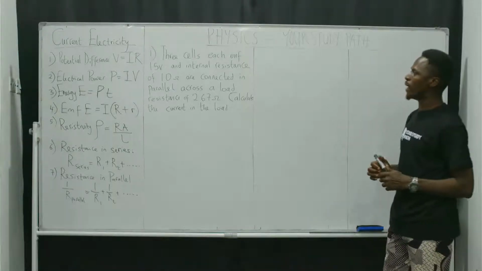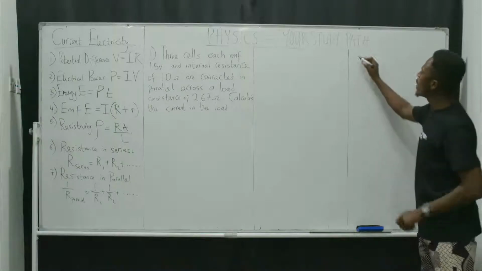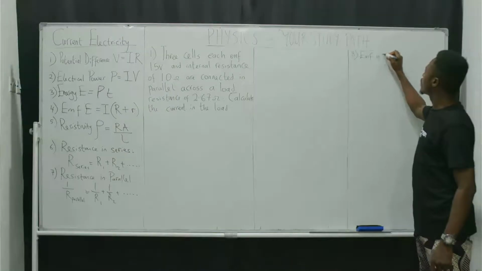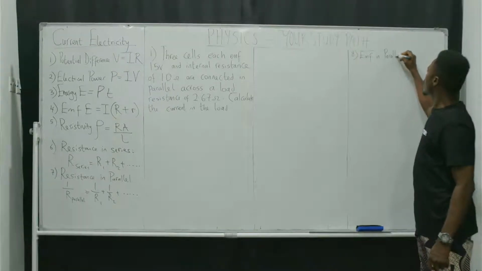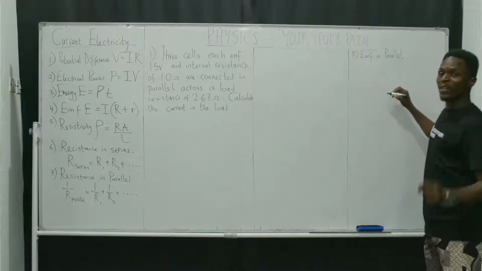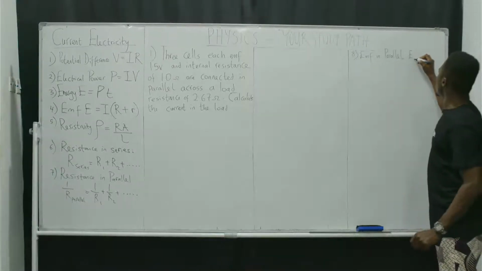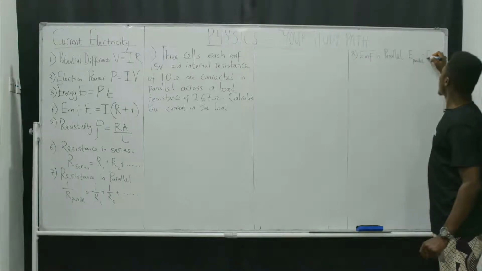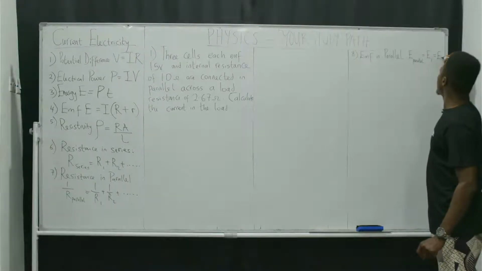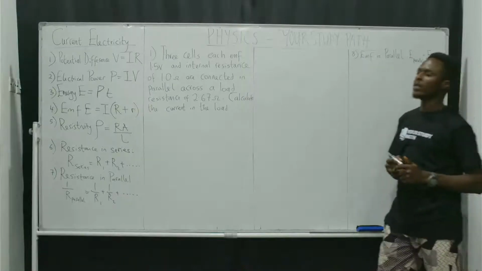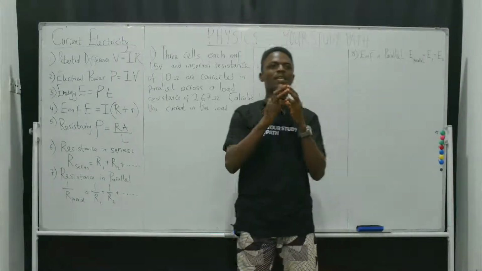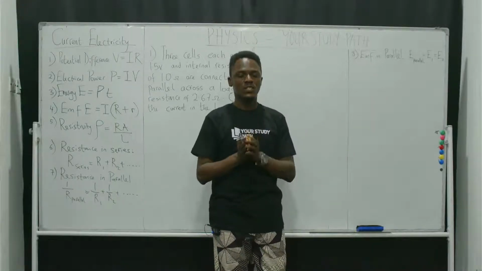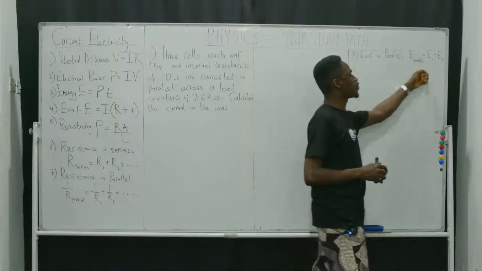Have it at the back of your mind that any moment we are making reference to EMF, EMF in parallel is such that E total or E parallel is equal to E1 equal to E2 and so on. The value is the same whenever you have connections in parallel.